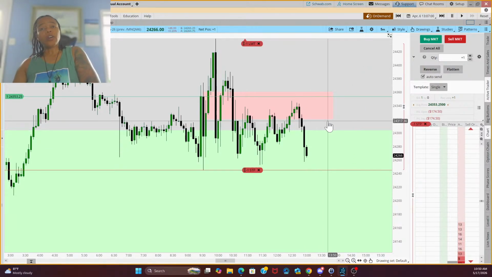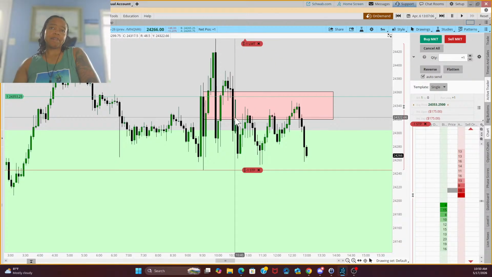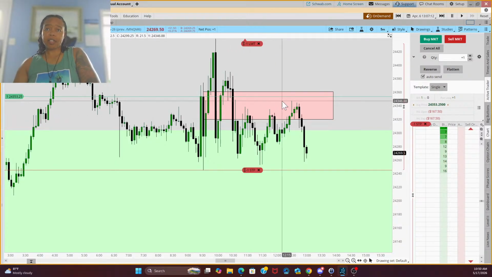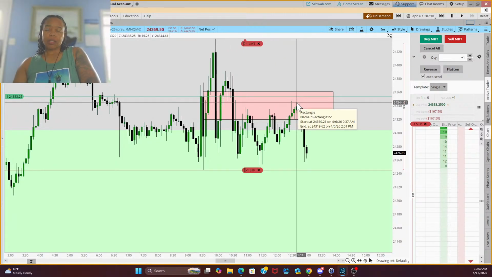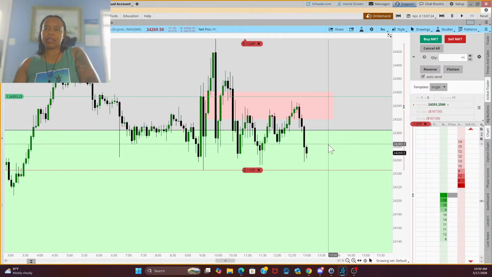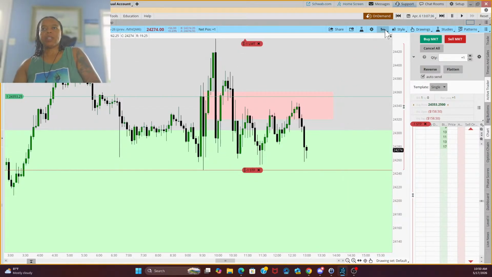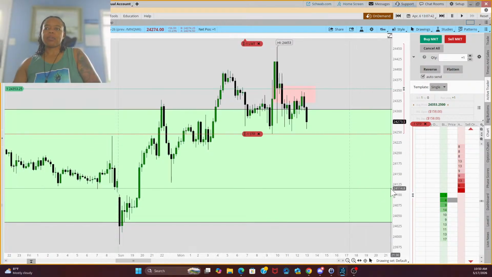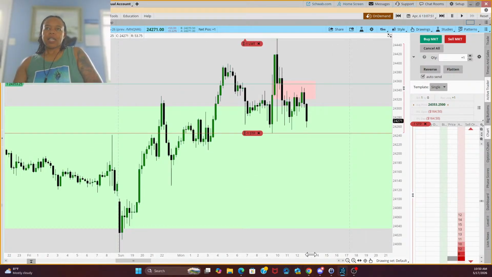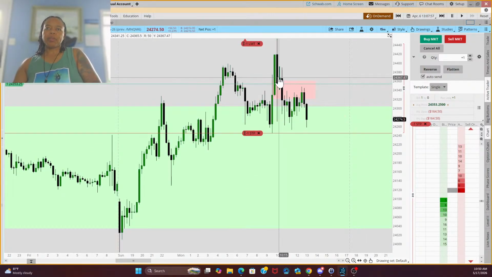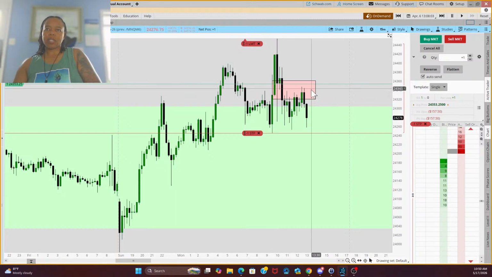So after all of that time sitting in this trade, failing miserably to go up, it looks like we're just sitting in chop. It's a 15-minute candle. So we have a sweep. This is a propulsion block.